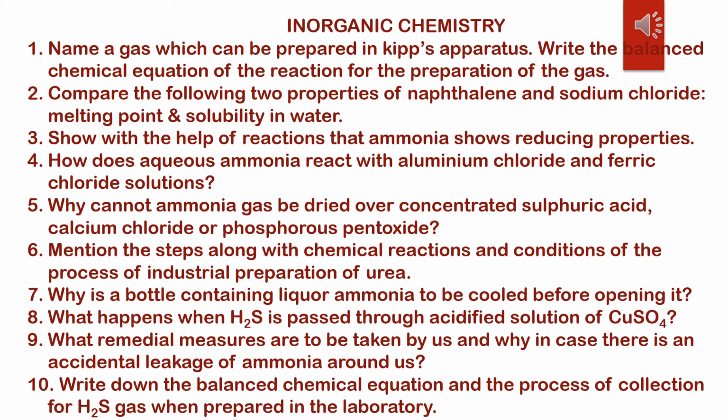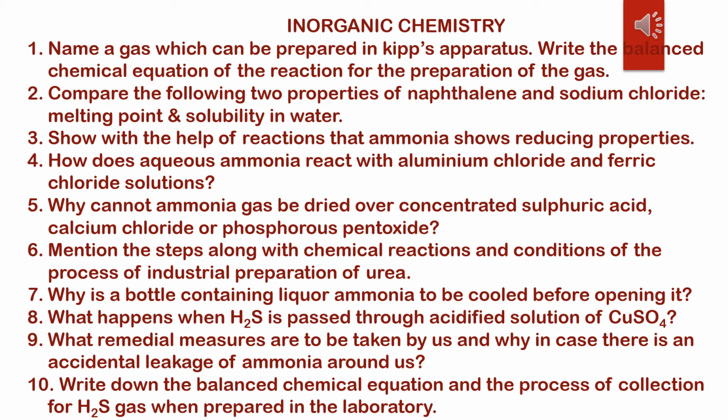Ammonia gas cannot be dried over calcium chloride because it reacts with calcium chloride chemically and forms an additive compound. That is CaCl2 plus 8NH3 will form CaCl2.8NH3.